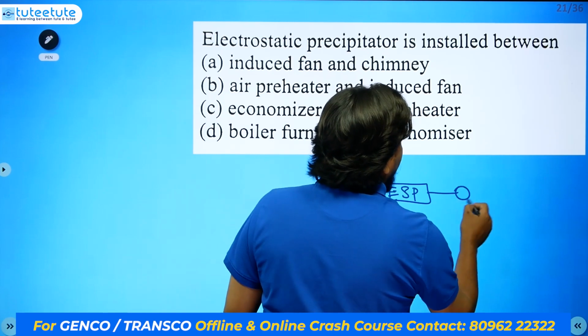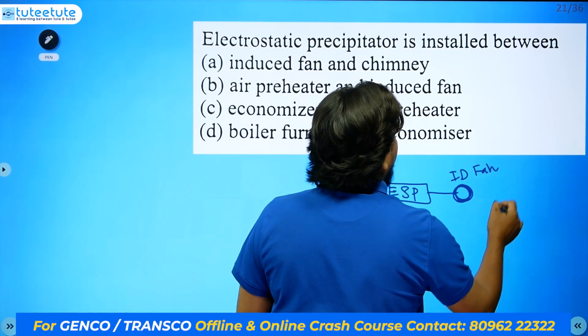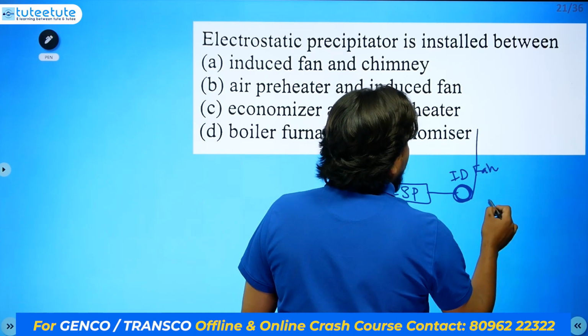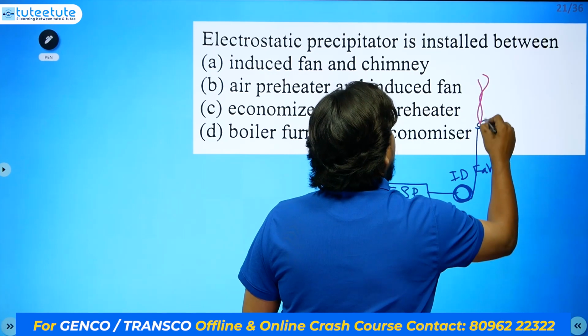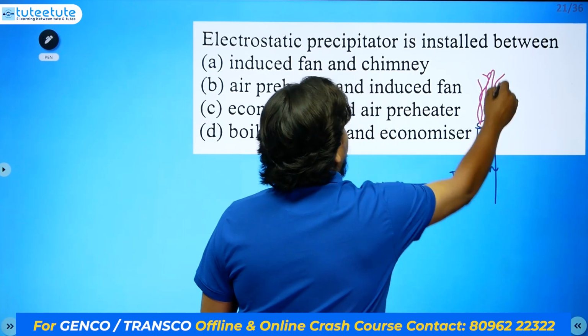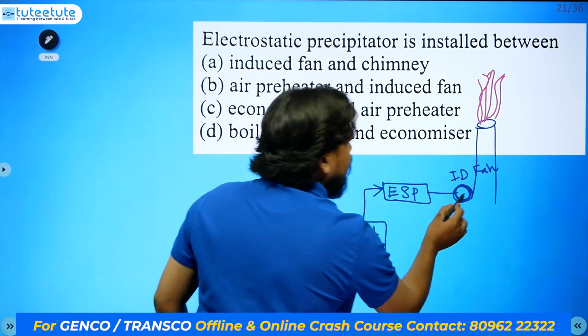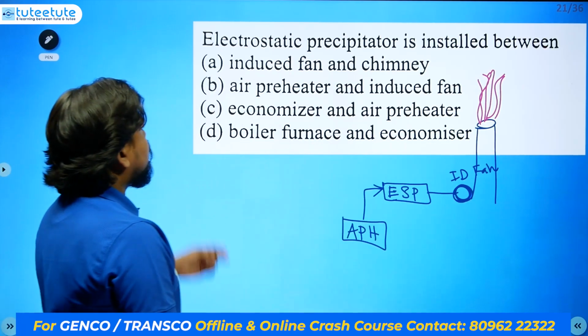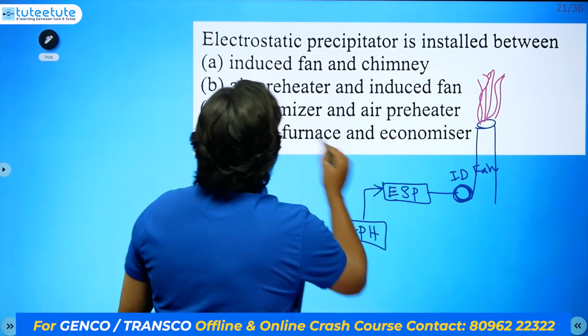After that there will be the induced draught fan, the ID fan. After that, the chimney, from which the smoke goes outside. So this is the order. They have given induced draught fan and chimney; nothing is there between. Air preheater and induced fan, correct.